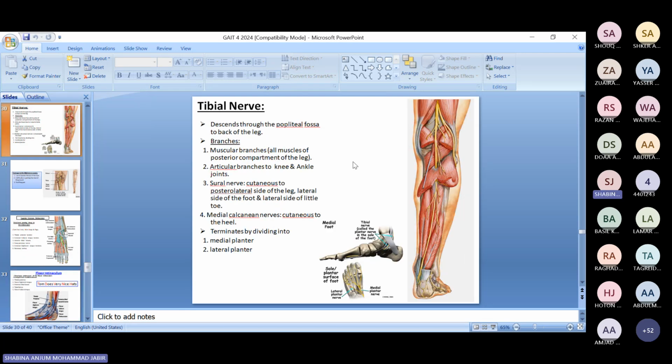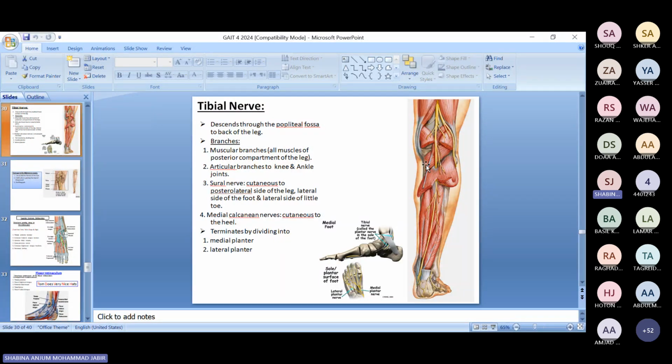Now we have the tibial nerve. It will descend down from the popliteal fossa. It gives muscular branches to the muscles of the posterior compartment of the leg and also to the knee and ankle joint.